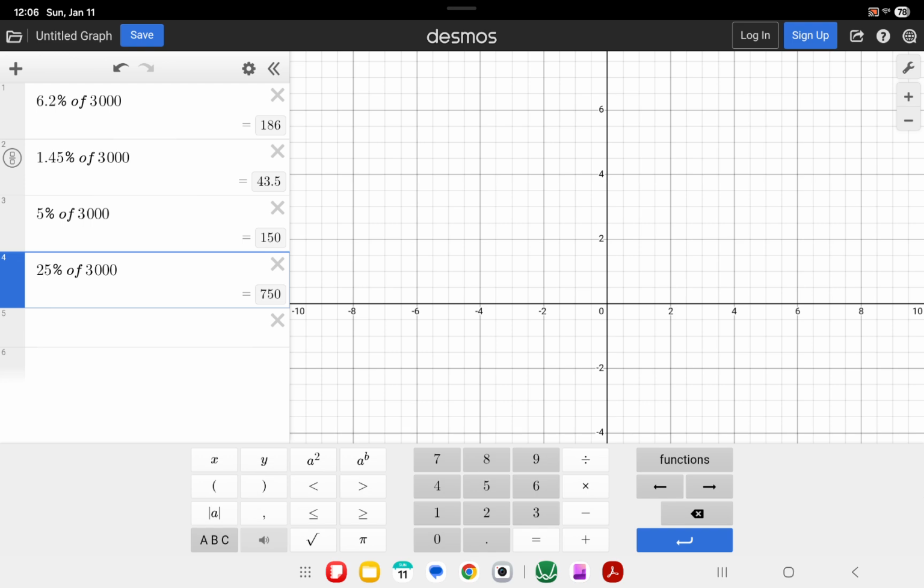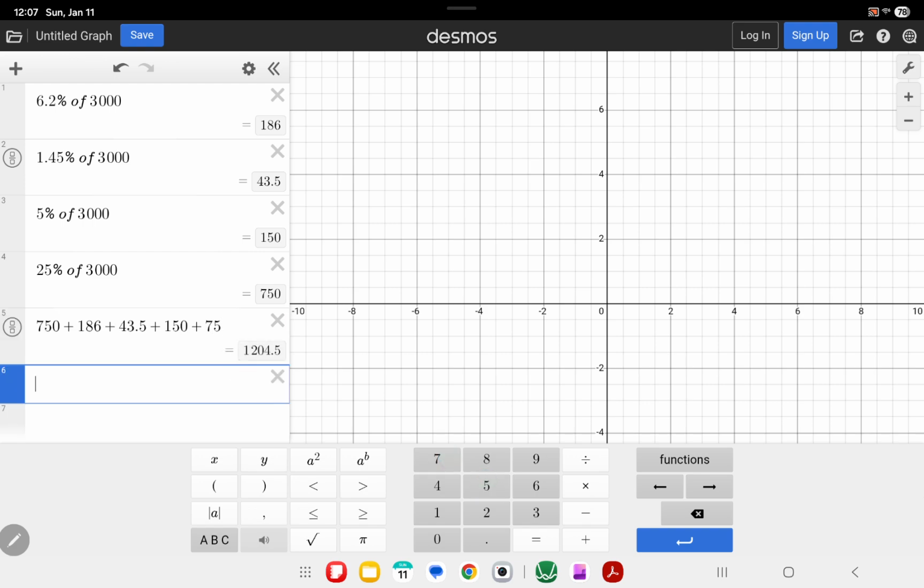Okay, so now we're going to add up all these values here. The $186, the $43.50, the $150, the $750, and remember we also have the health insurance of $75. So $750 plus Social Security, $186 plus $43.50 for Medicare plus the $150 for the retirement plus the $75 for the health insurance.